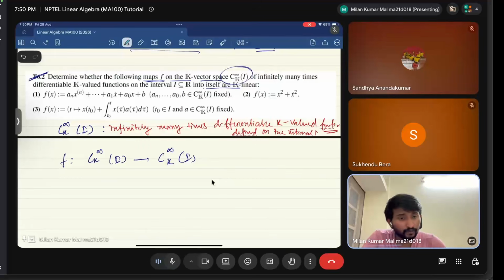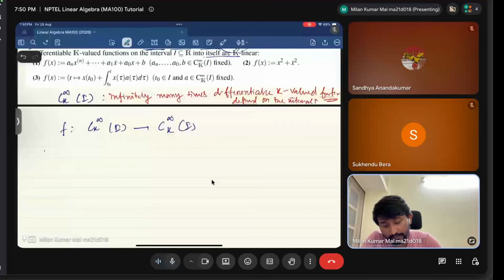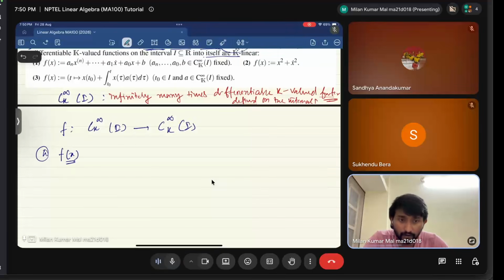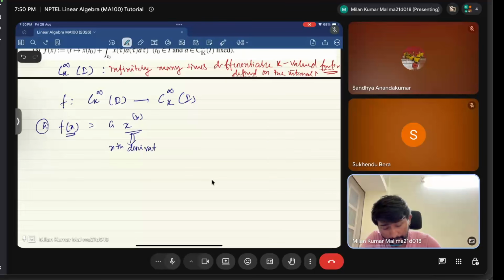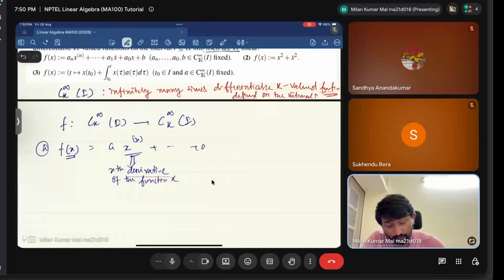Then we have to check whether f is linear or not. f of x is a function right now; x is not a value, x is a function. Let f of x equal a_n x to the power n, the nth derivative of the function x, plus a_1 x dash, the first derivative, plus a_0 x plus b.